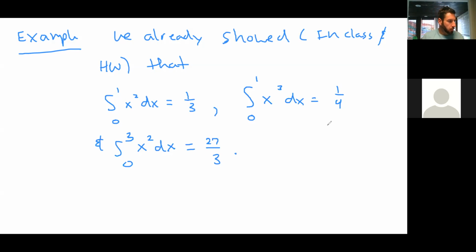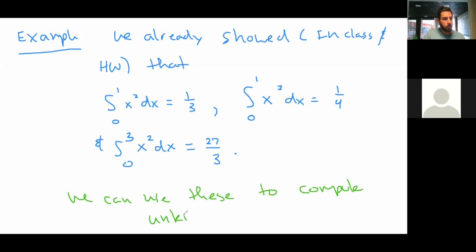Okay, so some information we can deduce. Well, we have the following. So we can use those to compute unknown integrals. So let's do a couple of them.